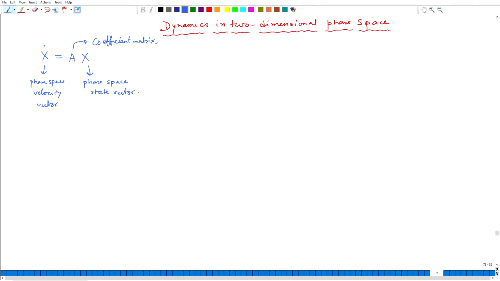This is composed of phase space coordinates, this is composed of phase space velocities. Then we actually can show x is equal to e to the lambda t times v is a solution of x dot equal to A x.